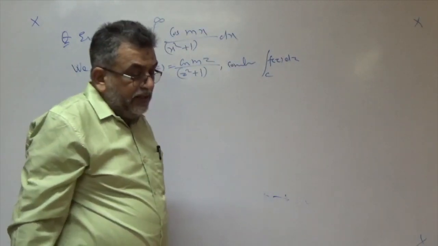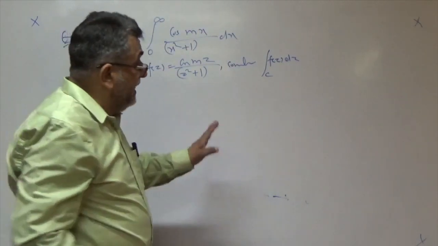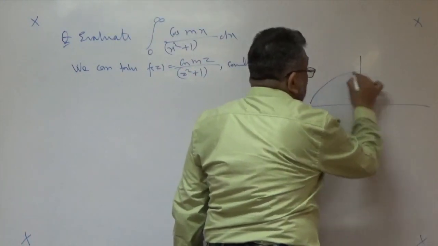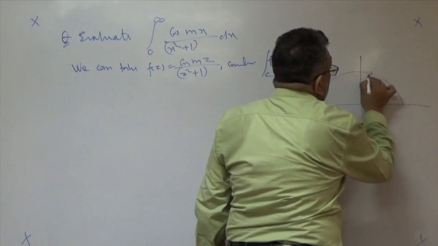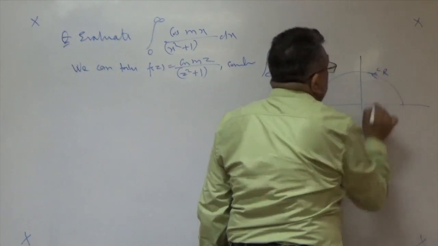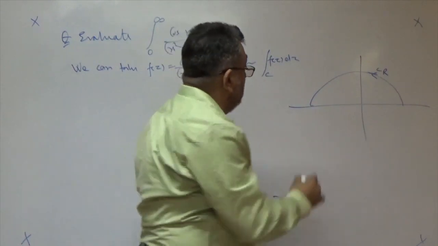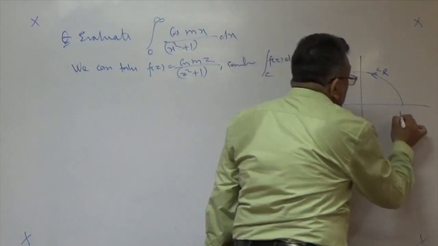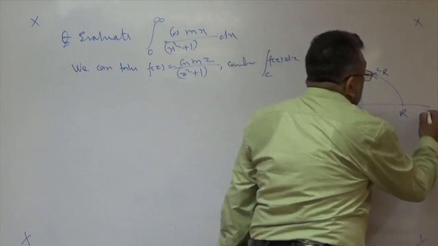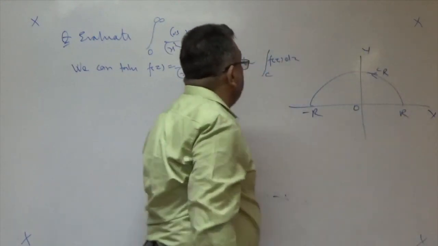And take C. What is C? Again, similarly, C is a curve containing half part of the semicircle and part of the real axis between minus R to capital R, right?